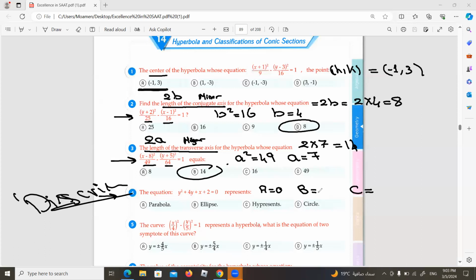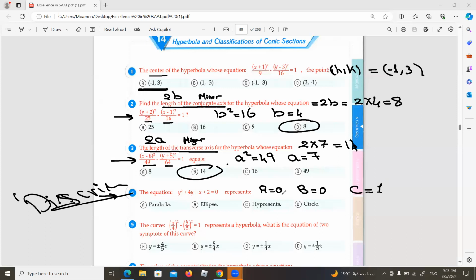I need to find B. B is the coefficient of xy. I don't have xy, so it's equal to 0 also. The coefficient of y squared is 1, so I have only y squared: 1y squared plus 4y plus x plus 2 equals 0.